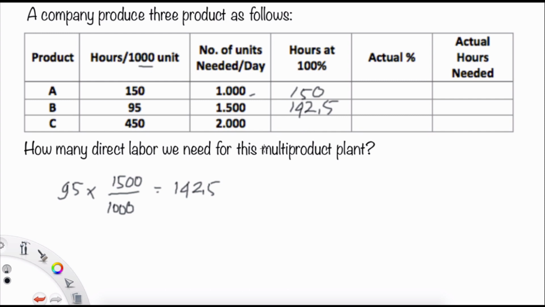And for product C, the hours at 100% is 900 hours.